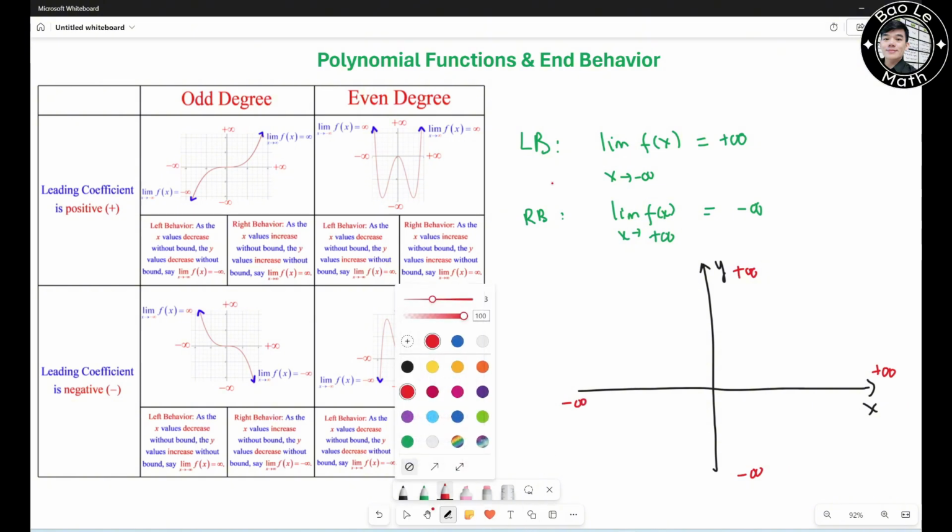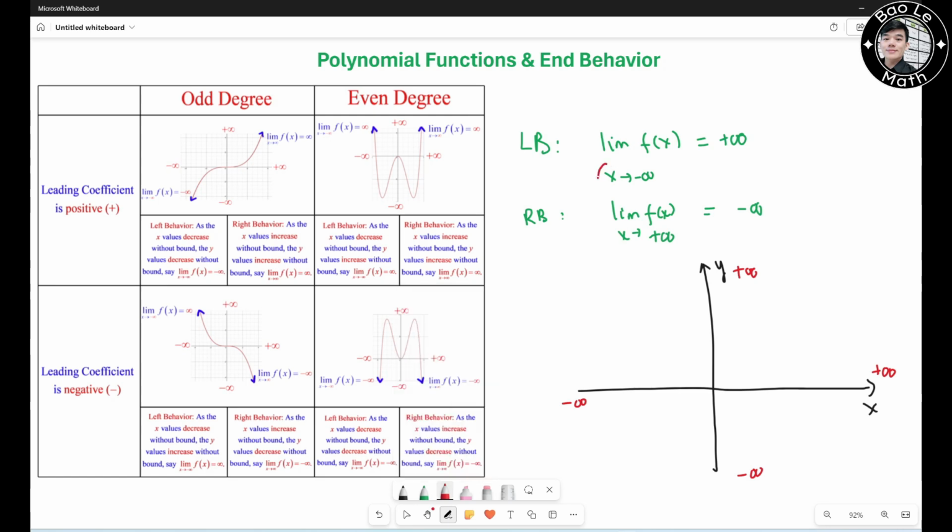So you look at the first one right here. When s approaches negative infinity, right, the function approaches positive infinity, right? So when s going this way, the function going up, right? So you have the first one is going to be something like this, right? Second one, when s approaches positive infinity, the function approaches negative infinity, which means going down like this, right?